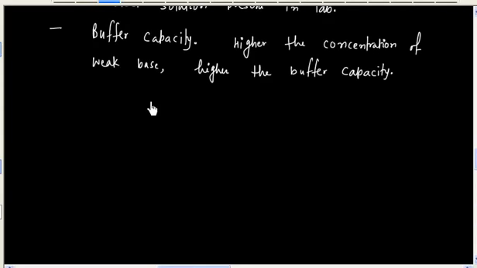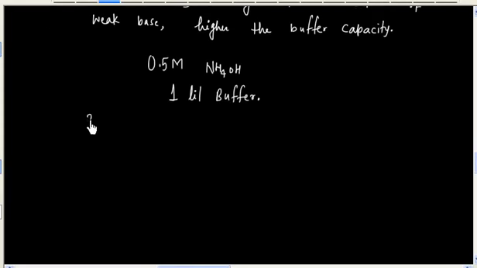Let us say we have 0.5 M NH4OH and we have to prepare 1 liter buffer. This means moles of ammonium hydroxide is 0.5 into 1, that is 0.5 mole.